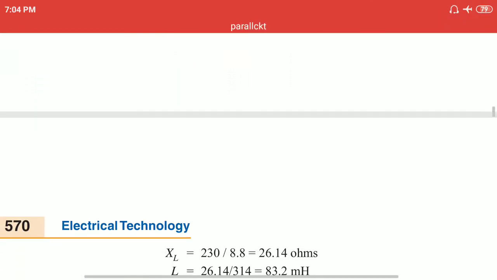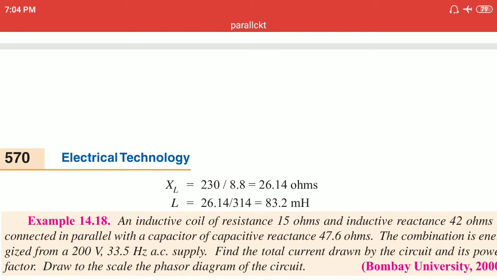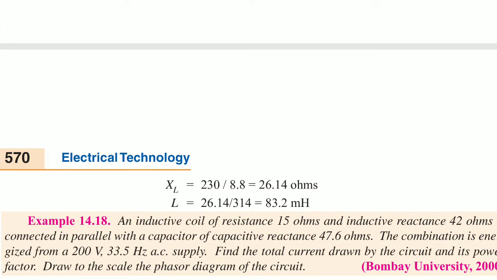So now XL is equal to voltage by IQ, that is 230 volts divided by 8.8, which is 26.14 ohms. Now L is equal to 26.14 by 314, that is equal to 8.32 millihenries.